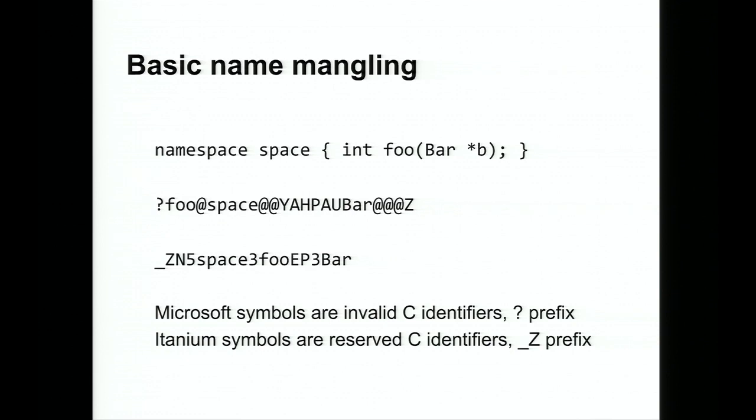And they use a lot of characters that are not valid C identifiers, which is an interesting design choice. That's just fine with MSVC. Itanium, on the other hand, is more portable because it's a C++ ABI that's designed for many targets, many object file formats, and so these identifiers are very, very simple. And they have the _Z prefix, which you are probably familiar with if you've been staring at link errors.